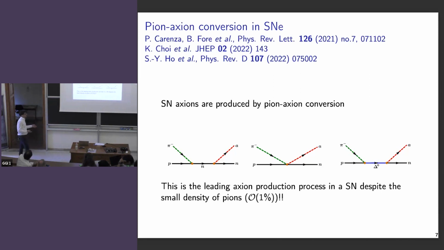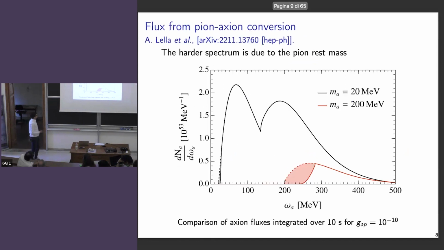So now to consider the production of axions inside supernovae, one has to consider both the processes. And indeed, by considering both the processes, one has this production spectra of the axions inside supernovae interacting with the nucleons. In particular, here you can see the spectrum for two different values of the masses.